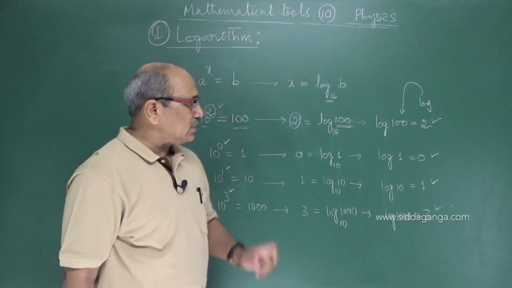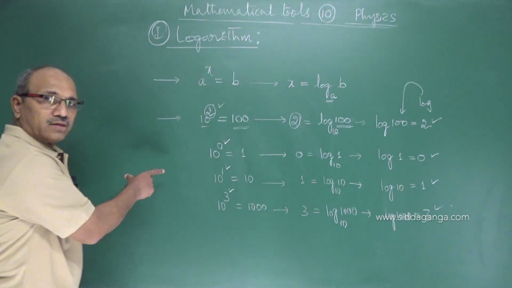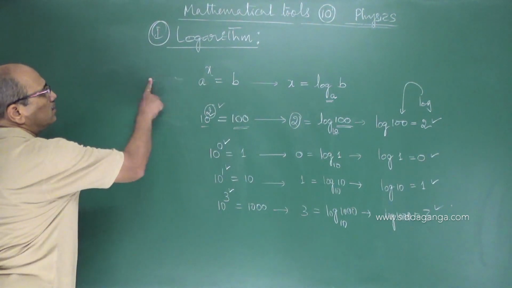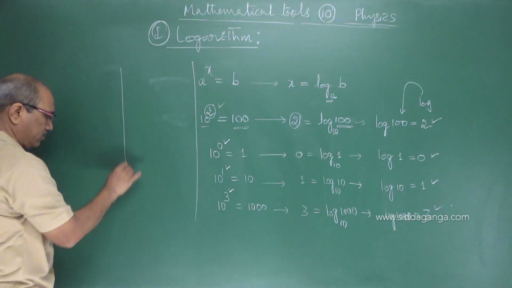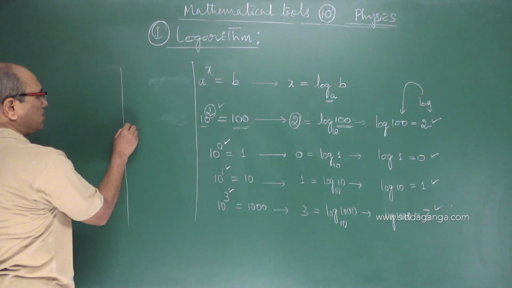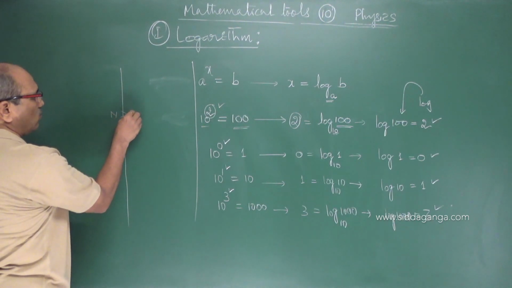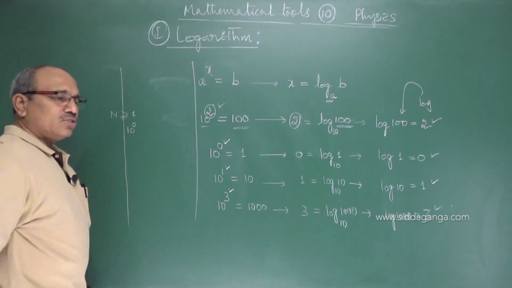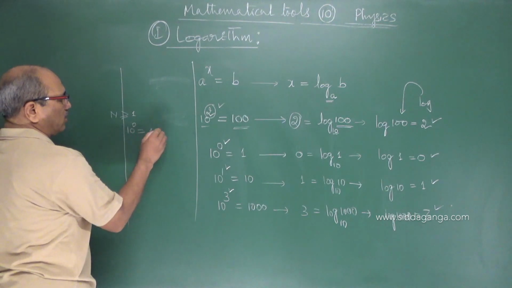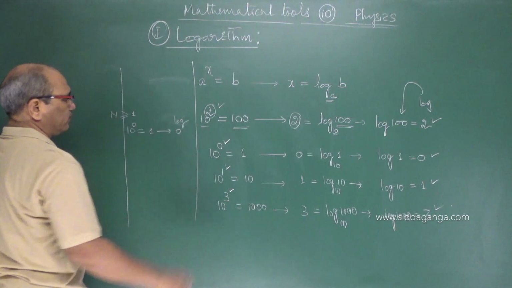Generally I write here, understanding that. Suppose the number is 10 power 0, that number is greater than or equal to 1. You know 10 power 0 is 1, but its log value is 0.